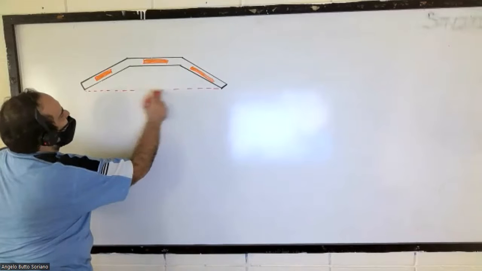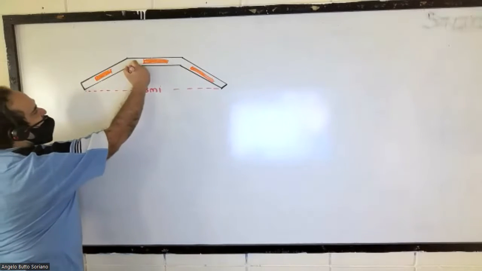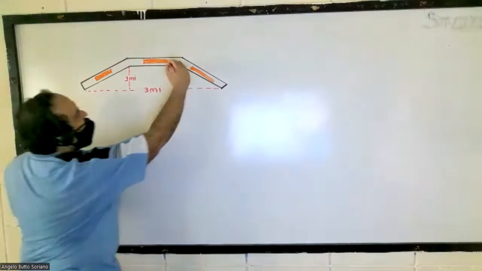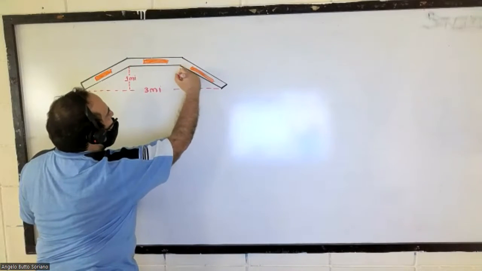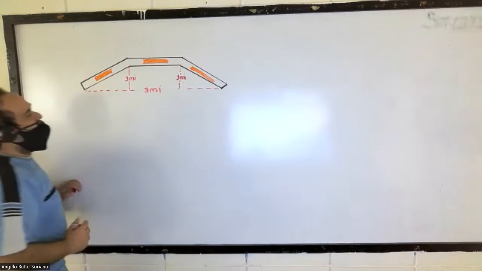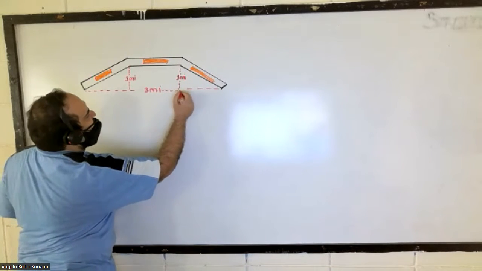Then we have a separation of 3 miles. Over here, we have a separation of 1 mile, and the same happened over here. 1 mile. Okay? 1 mile between them.